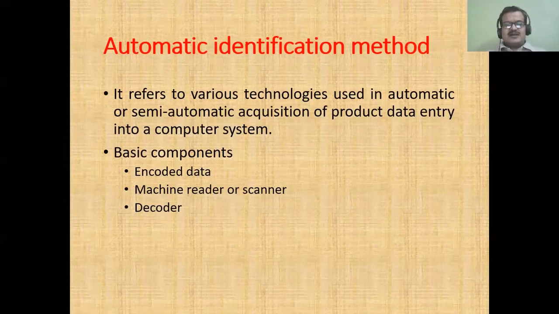Then the second component is the machine reader or the scanner, that is capable enough to read that data. The third component is the decoder. Once they read the data, the decoder decodes that data, what was there in the barcode or the encoded script, like the quantity of that product, or the price, or like that.